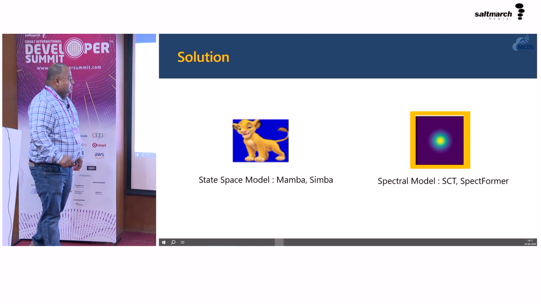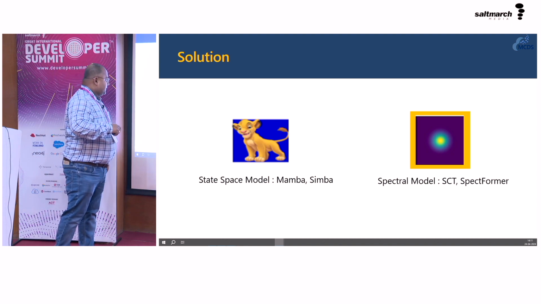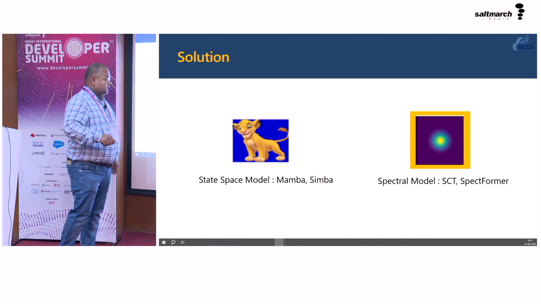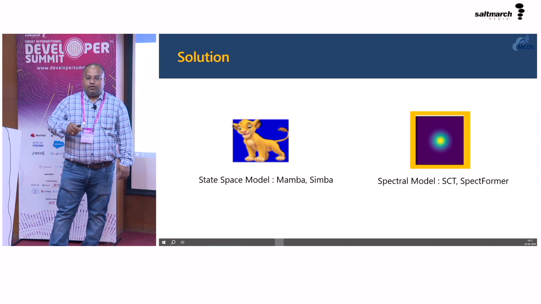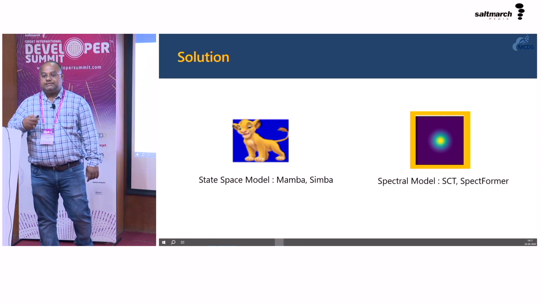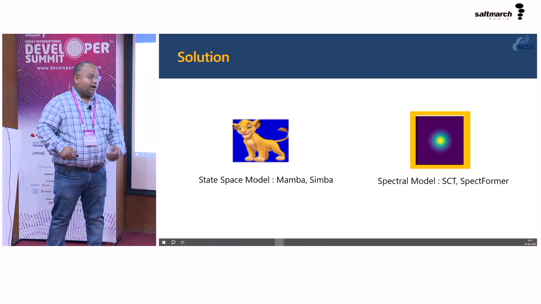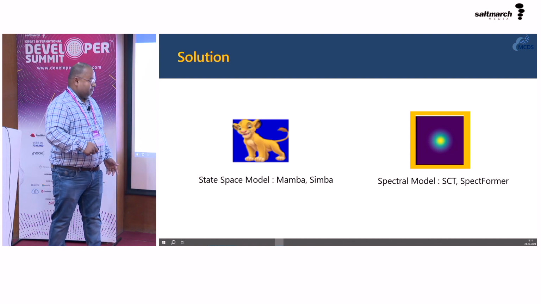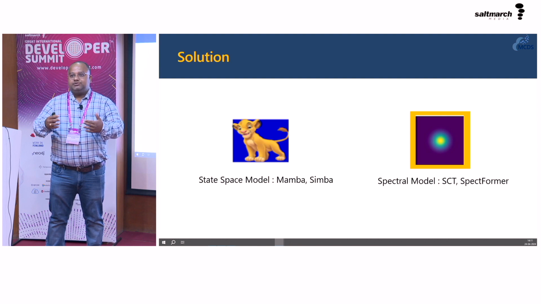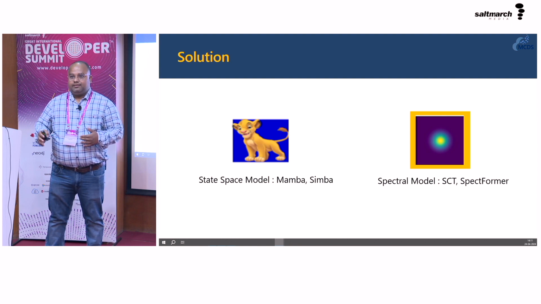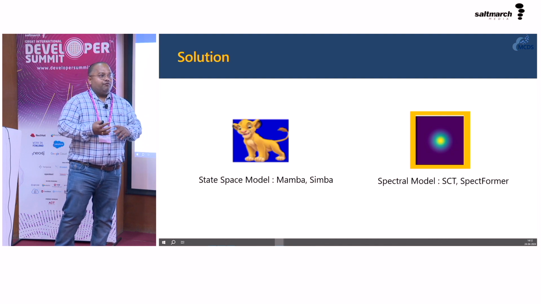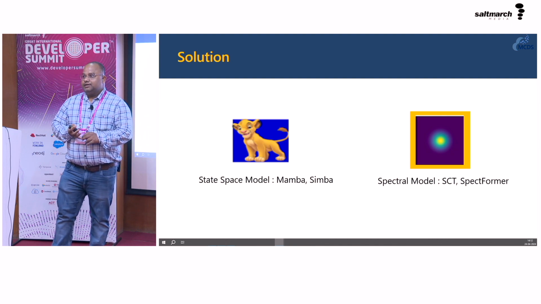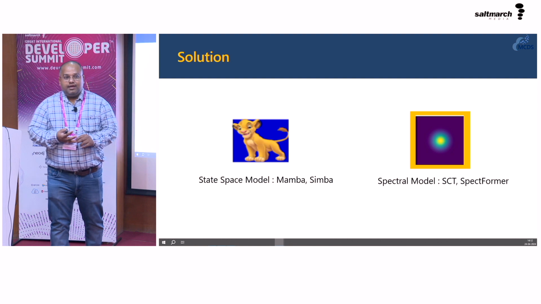Then this is the latest work we found in this study, the SCT. Instead of N squared, you can try the spectral model, which is our method. Instead of N squared, you can go for N log N, which is less than N squared, using the Fourier transform.